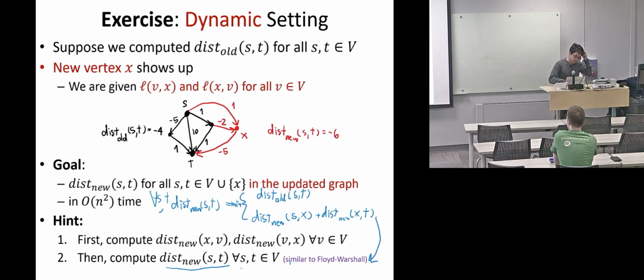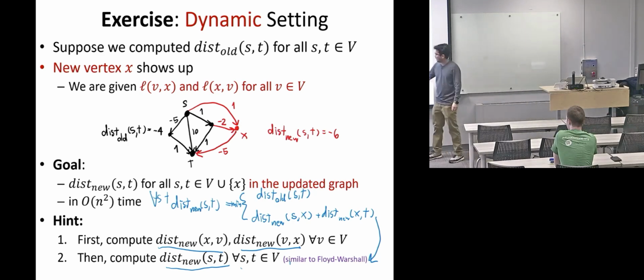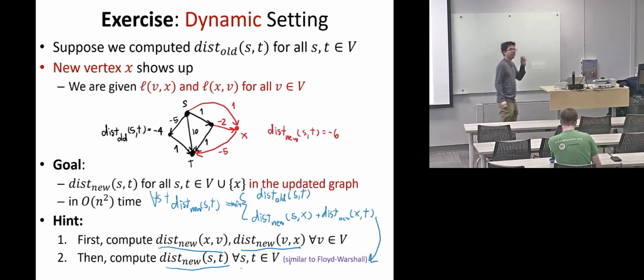So I claim that there are two n many numbers you need to compute. I claim that each of them you can compute in order n time. So on the old graph, we already have the answers for the distances between any two nodes, right? So when we add x, let's say we're going from x to any node.